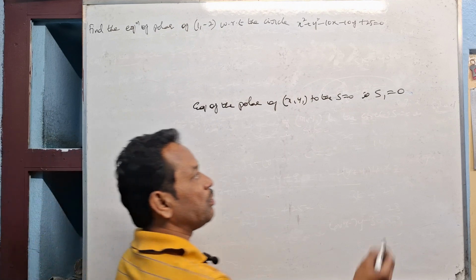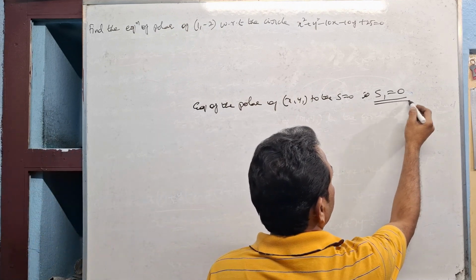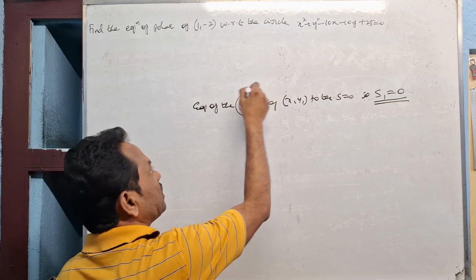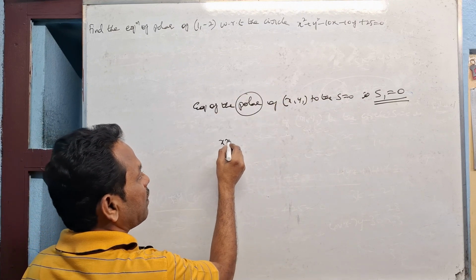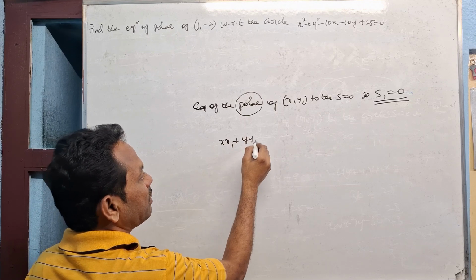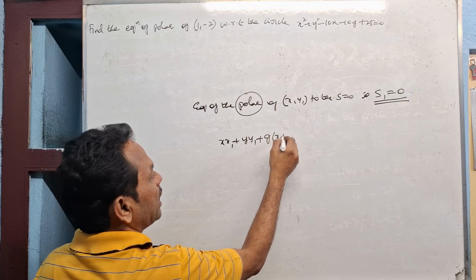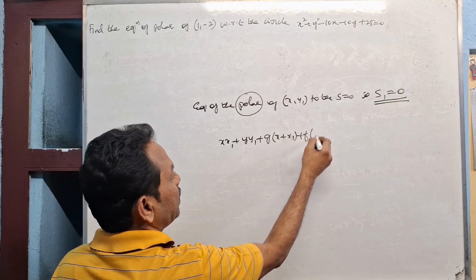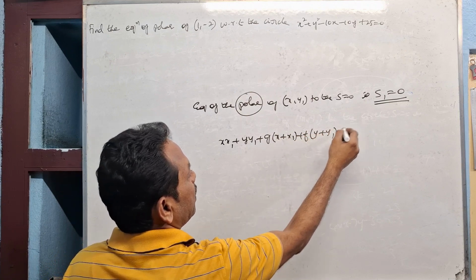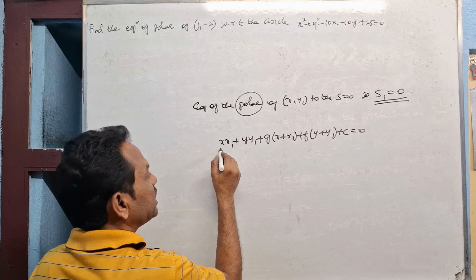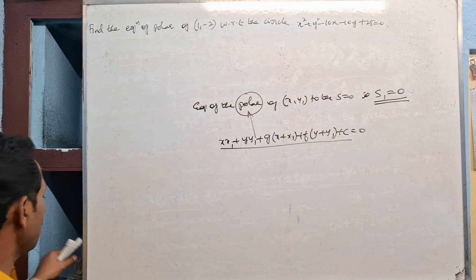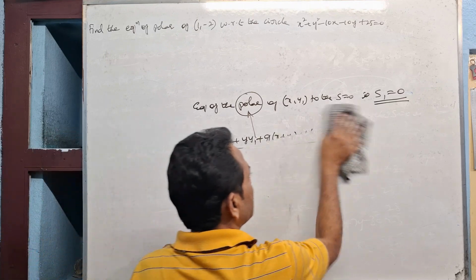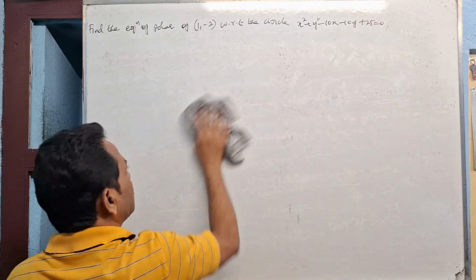So how to write S1 equal to 0? x x1 plus y y1 plus g into (x plus x1) plus f into (y plus y1) plus c equal to 0. Now this formula is used to find the polar of the circle. Okay, now let me use this formula to get the polar in this question.